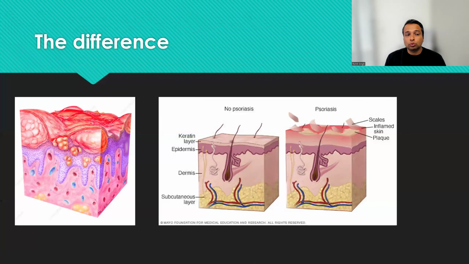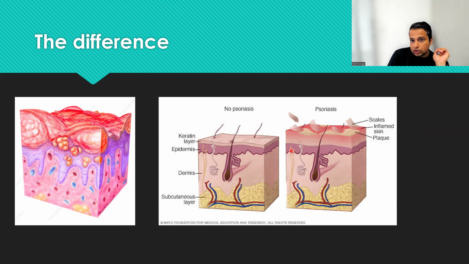So under the microscope, if the doctor takes a small piece of your skin and puts it under the microscope, this is how it looks. Normal skin looks like that, where you have hair follicle, epidermis, keratin layer, and then your dermis and your fat. In eczema, there will be inflammation here, which is really red, and this keratin layer will be a little bit bigger.